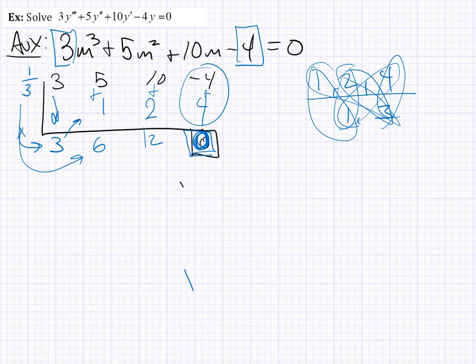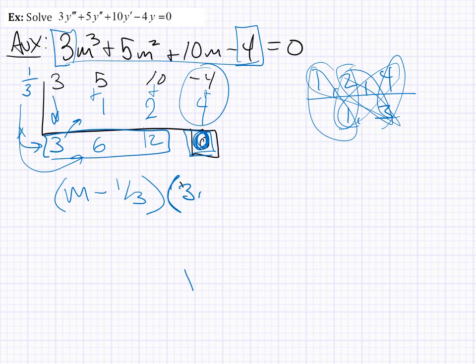So that means that m minus 1/3 is one of the factors, because we divided this polynomial by m minus 1/3 and ended up with remainder 0. And the other factor is the quotient, which is sitting right here, which would be 3m squared plus 6m plus 12, in parentheses, and that equals 0.